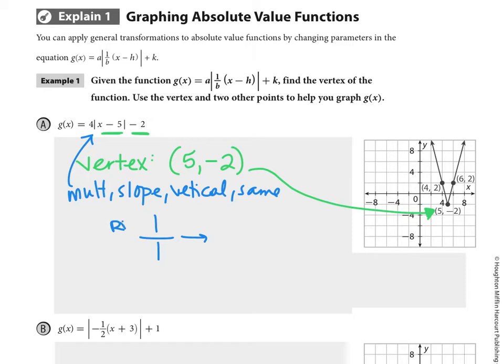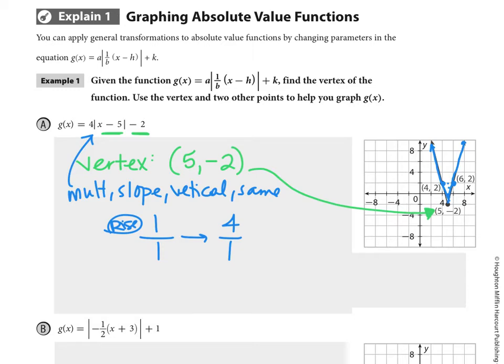So that means this slope is now going to be 4 over 1. So if we count from this original vertex, if I count up 4, 1, 2, 3, 4, to the right one and to the left one, that's what's going to create that V shape for my absolute value.